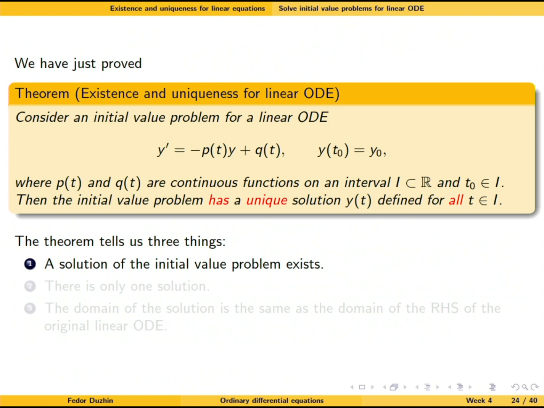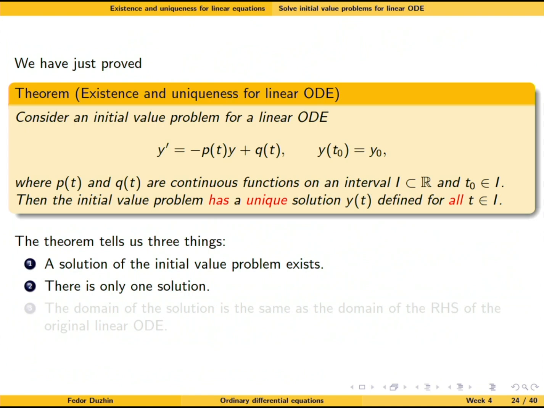Why does it exist? Because we were able to find an explicit formula for this solution. Then to say that it is unique means that there is only one solution. So there cannot be two different solutions. Why is that so?